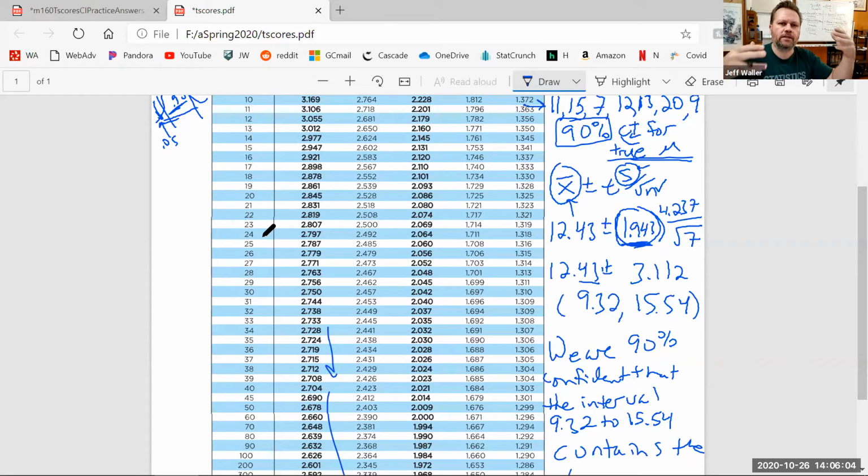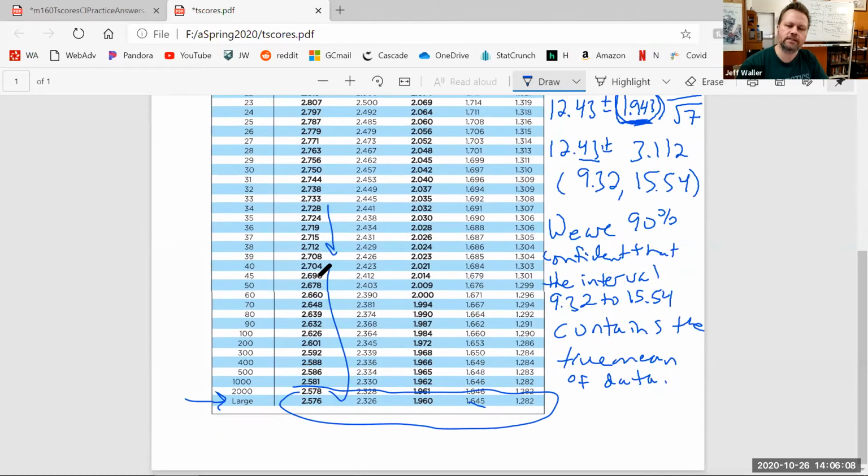When the sample gets bigger. So as my sample gets bigger, the T-score I need gets smaller. I need to cover myself less and less. When the sample size gets large enough, I don't need a T-score anymore. I can just use Z-scores.